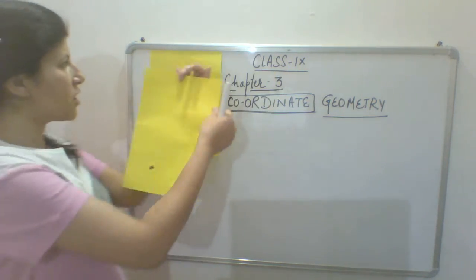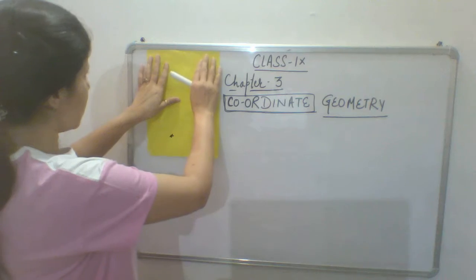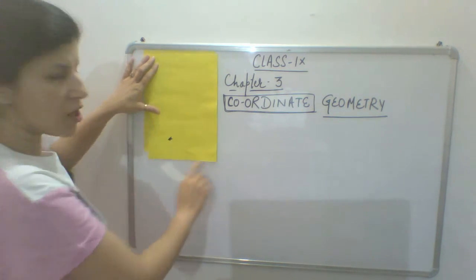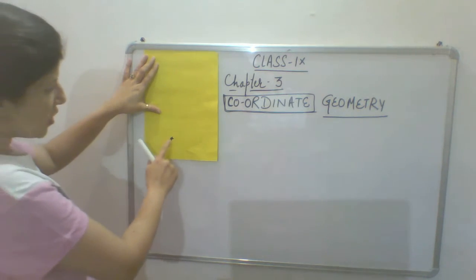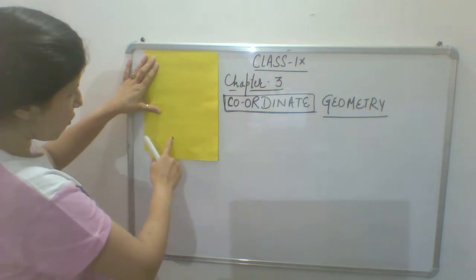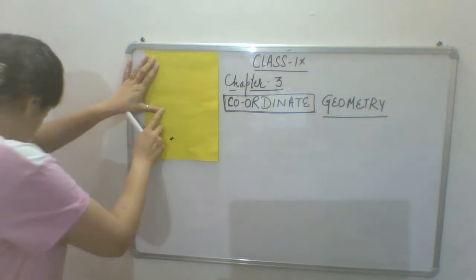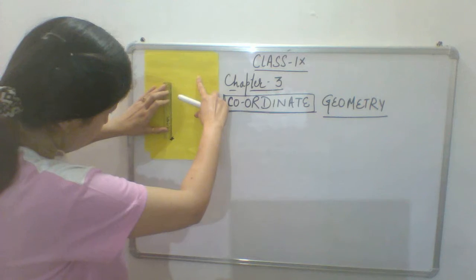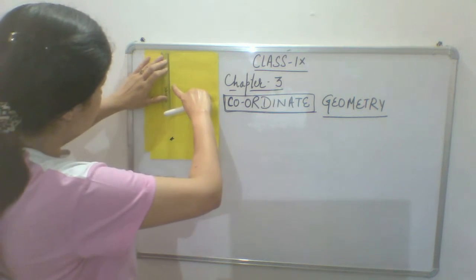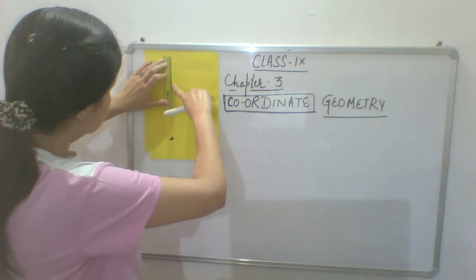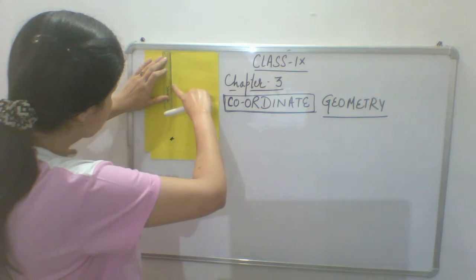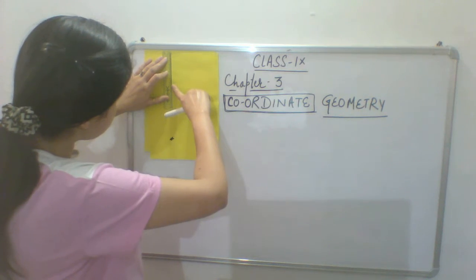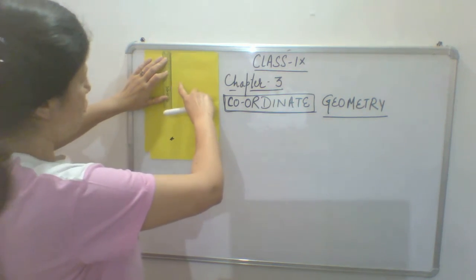Might be some of you are thinking like, we will calculate the distance of this star from its upper edge and from its lower edge. When we calculate its distance from its upper edge, it is near about 15 and this is near about 24.